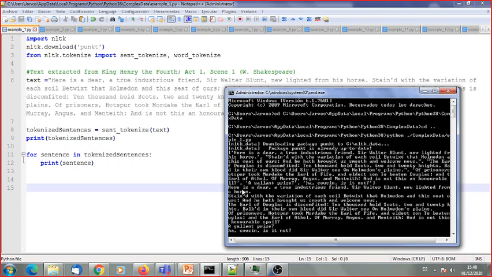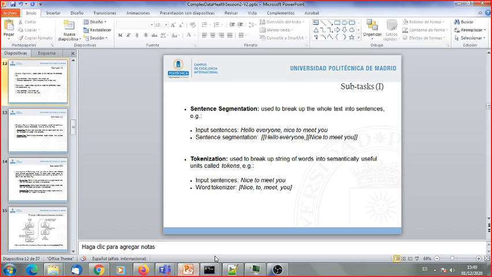So, congratulations. You have performed the first task in our pipeline, which is to break up the text into sentences. Okay. The second part is the tokenization.